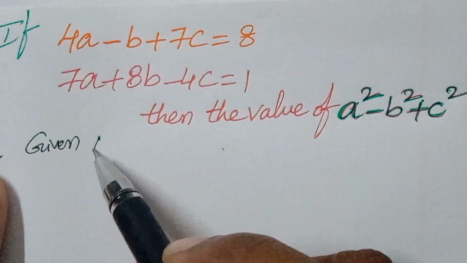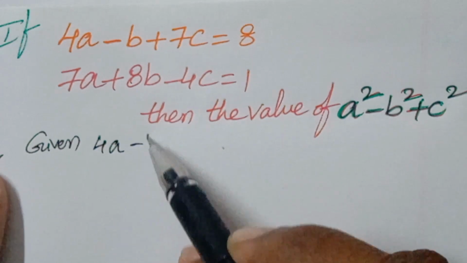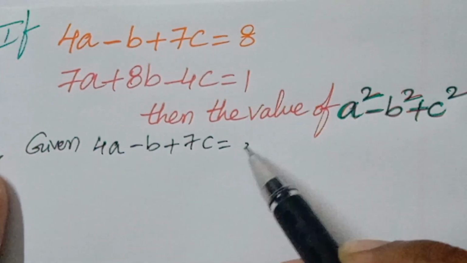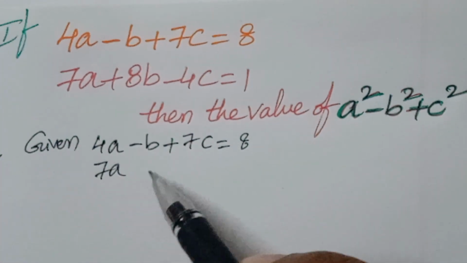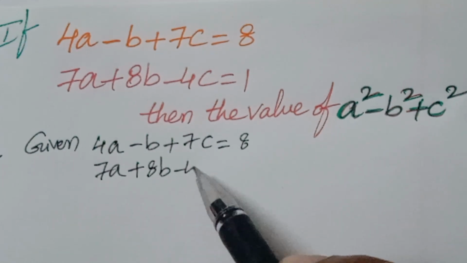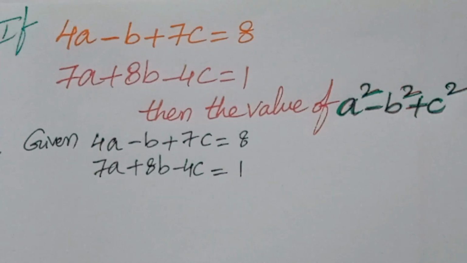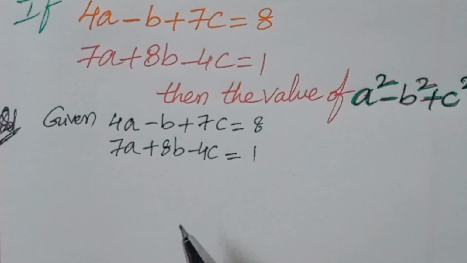So what is given? First, given I am writing 4a minus b plus 7c is equal to 8, and 7a plus 8b minus 4c is equal to 1. So this is given.